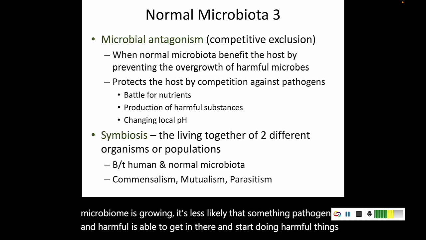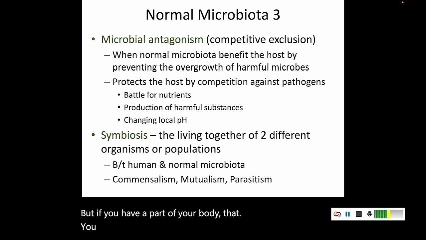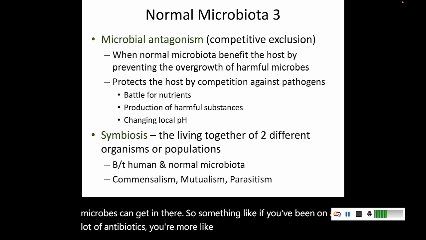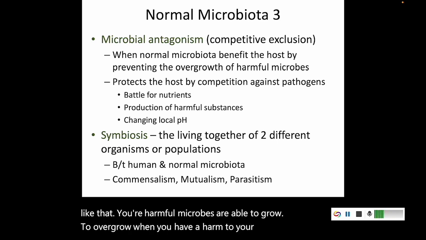But if you have a part of your body where you have lost your microbiome, it's more likely that harmful microbes can get in there. So something like if you've been on a lot of antibiotics, you're more likely to get C. diff, types of things like that. Your harmful microbes are able to overgrow when you have a harm to your normal microbiome.